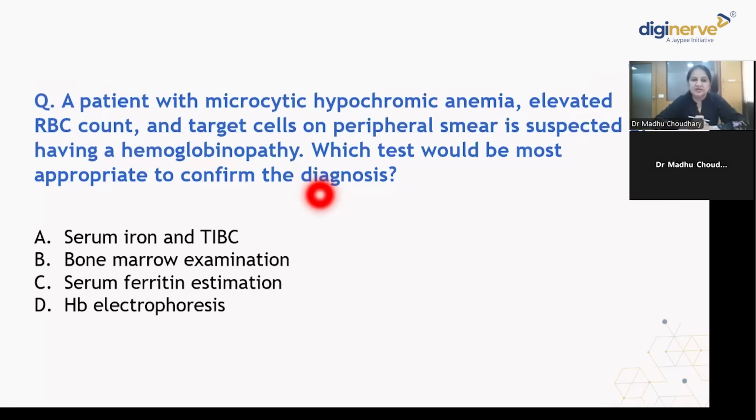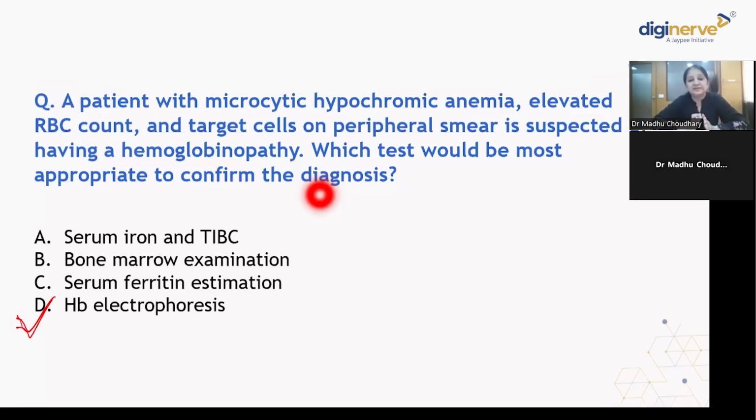So RBC count is elevated, target cells are present, which hemoglobinopathy would it be? Most probably a thalassemia, and most probably beta thal minor. Which test would be the most appropriate to confirm the diagnosis? Again, a straightforward question. It would be hemoglobin electrophoresis.